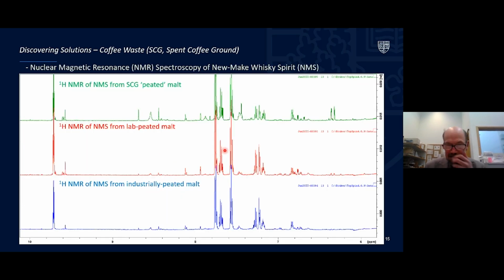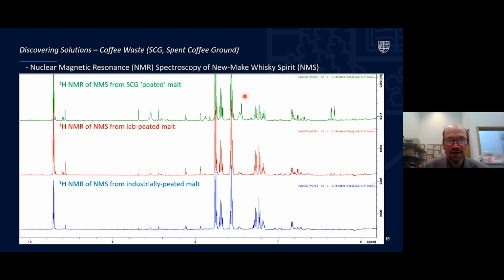This is a really interesting slide because it's back to NMR, and it's NMR of whisky. A kind of whisky called new make whisky. So this is whisky before it's matured. According to the Scotch whisky regulations, in order for you to call a whisky Scotch whisky, it has to be matured in an oak cask for at least 3 years.